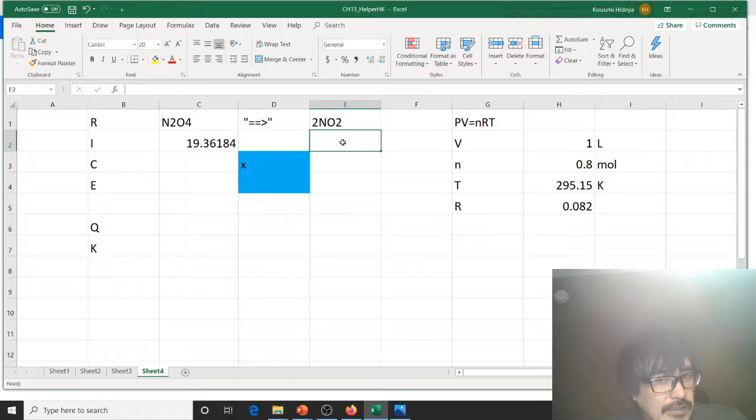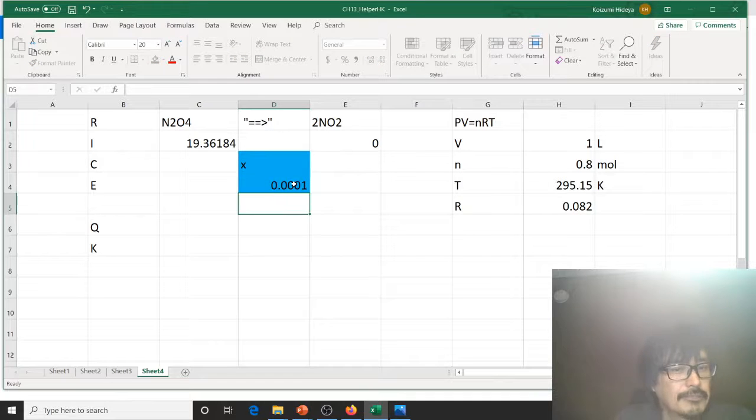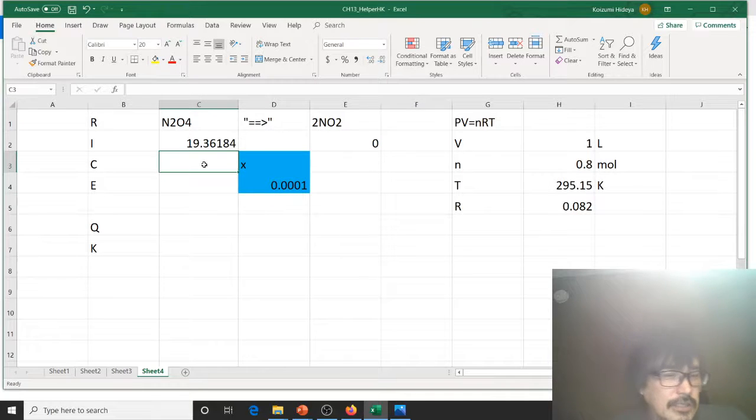And then I have 0 mole of this one, right? So 0 times RT divided by V, which is also 0. So I'm just going to put the 0 here. And then the change of this one, I'm just going to put another small number here. This is a pressure change, right? This value is going to reduce, right?